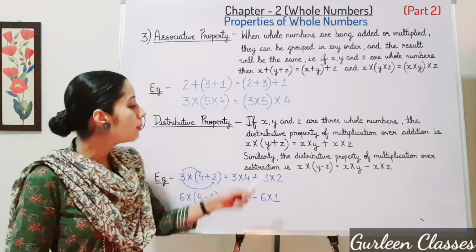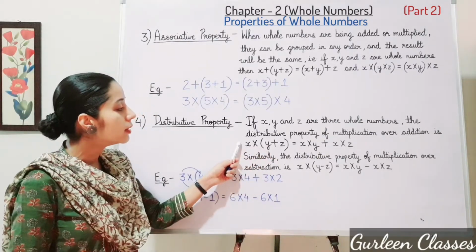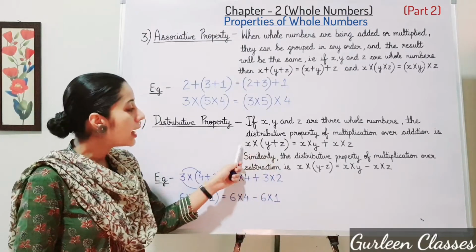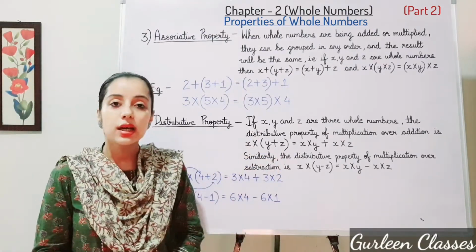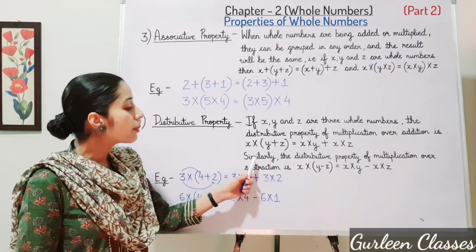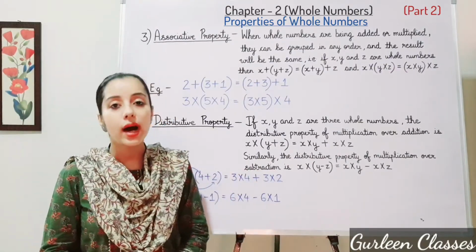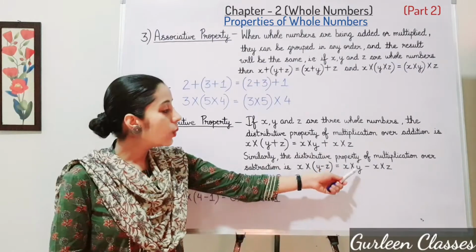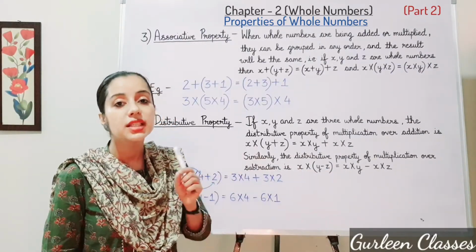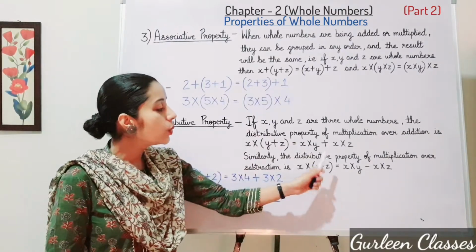First you have to multiply the first number by the outer number, x into y, then the operation, that is plus, then x into z. Similarly, the distributive property of multiplication over subtraction is x into y minus z is equal to x into y minus, here the operation is minus, x into z.